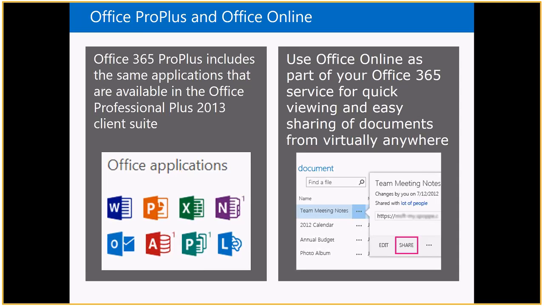Okay, another important thing that we mentioned earlier, and just to get back on, is Office Pro Plus and Office Online. Office Pro Plus is your desktop versions of the application: Word, PowerPoint, Excel, the Skype for Business client, Outlook.